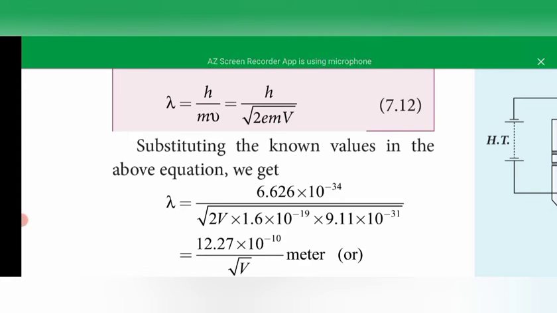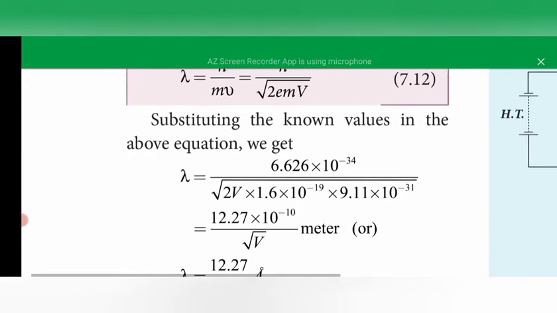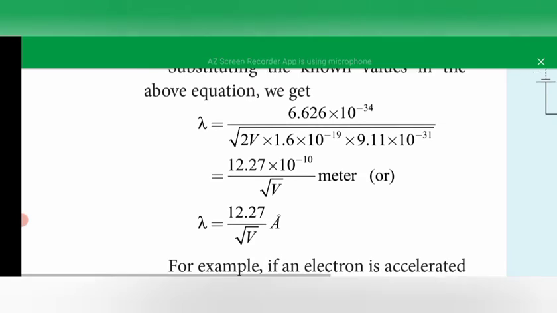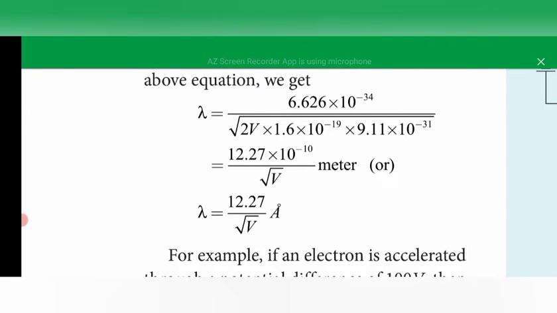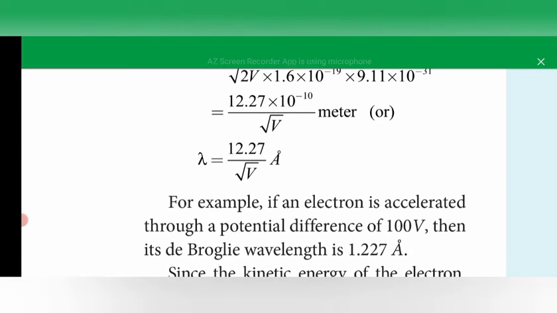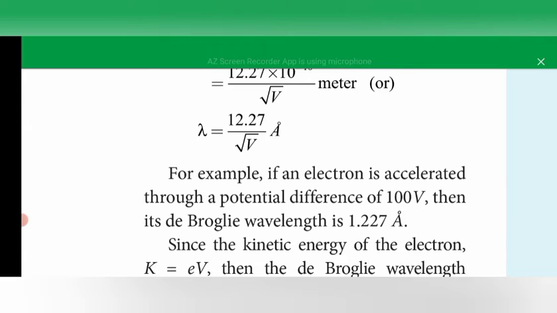The voltage is the potential difference, which we don't know. After simplifying all the values, finally you will get 12.27 into 10 to the power minus 10 divided by root of V meters, where 10 to the power minus 10 is the Angstrom value. So lambda is equal to 12.27 divided by root V angstroms. This is the value here.